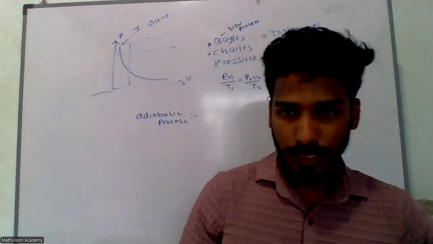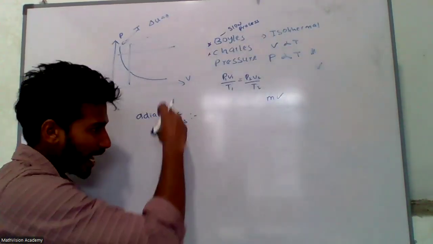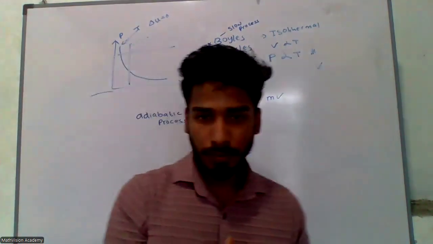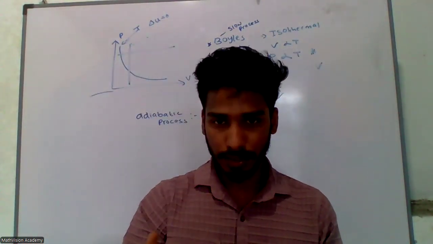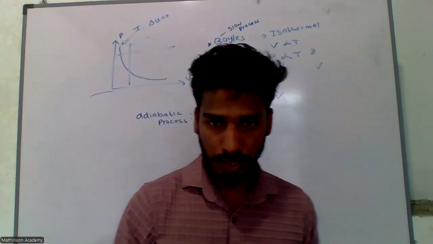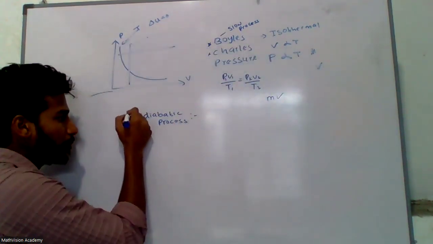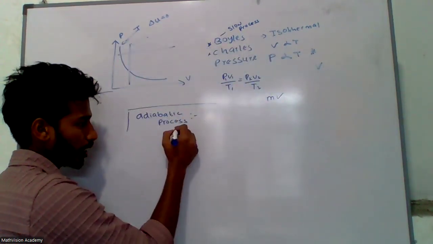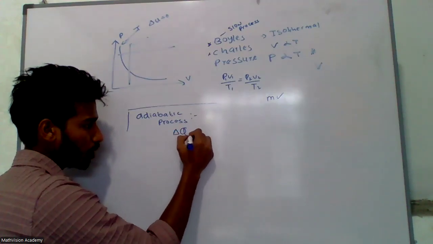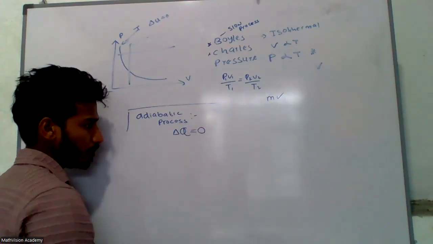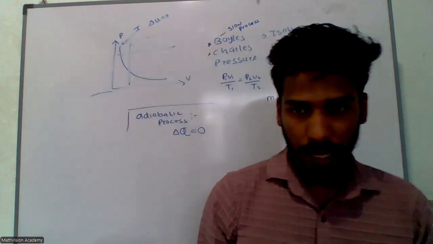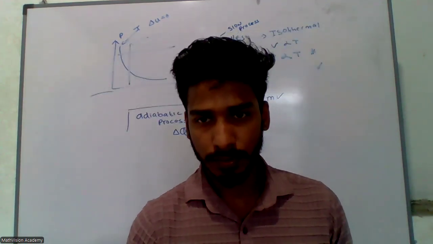Because of this, the gases do not get enough time to exchange their heat with the external surroundings. So in this adiabatic process, the delta Q will be equal to 0. The change in heat will be equal to 0.